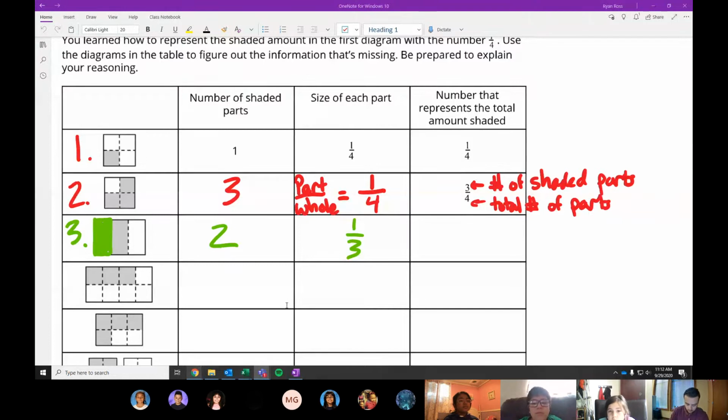All right, and Fernando, what would be our answer in the end? 3 of 2. So remember, the number of shaded parts is on top. How many are shaded? 2. 2 were shaded out of how many possible? 3. Yeah, so 2 of 3 are shaded.